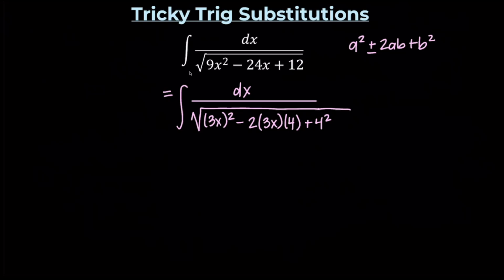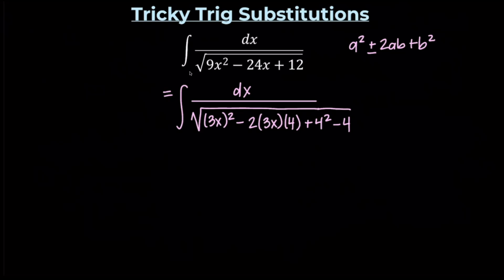So 9x squared is quantity 3x squared, minus 24x, and then I wanted plus 4 squared. Well, that's 16, and what I had in the original problem is plus 12. So I'm going to have to subtract 4, because 4 squared is 16, and 16 minus 4 is 12.